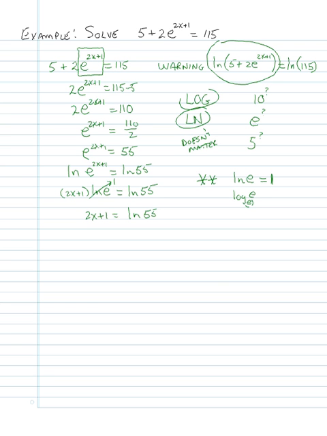So the next thing we would do is subtract 1 on both sides. When we want to solve for x, we'd subtract 1 on both sides. Now let me make a point here. If I put natural log of 55 and then subtract 1, and I get distracted and stop here and come back, that looks like, oh, that's the natural log of 54. But that's not what it is, is it?